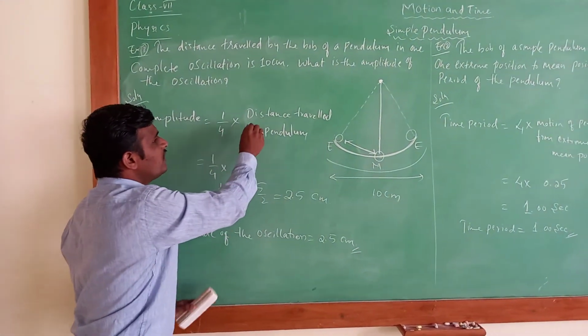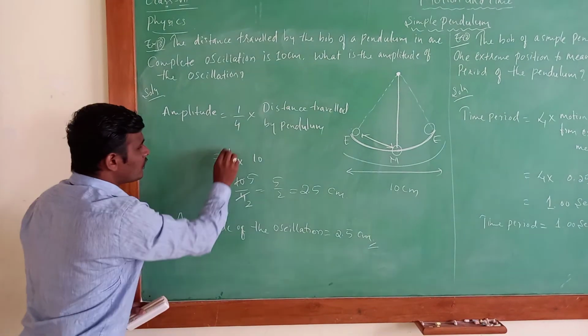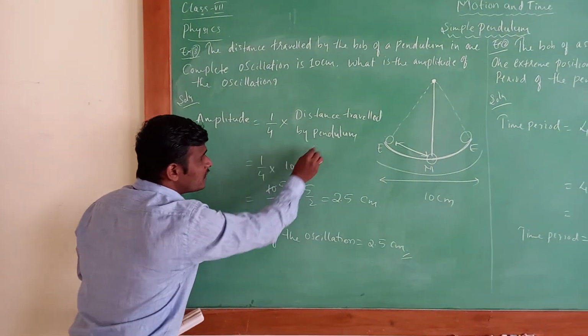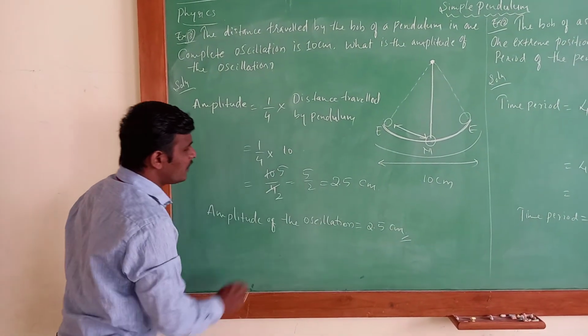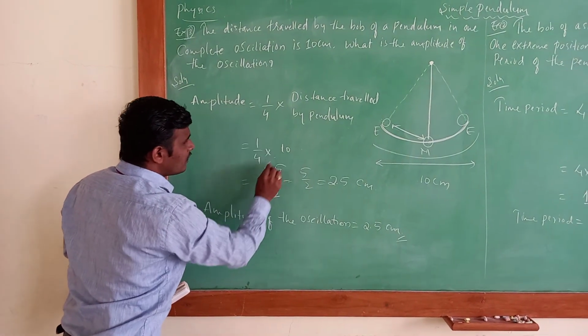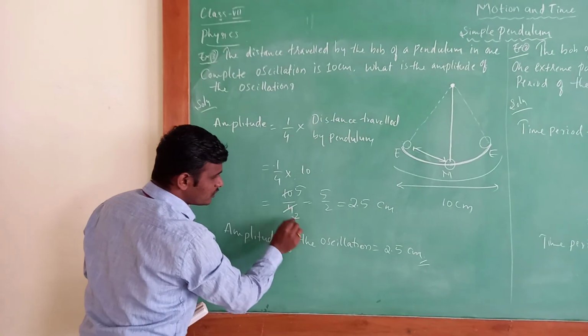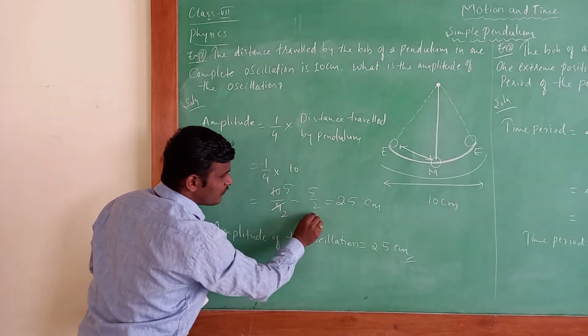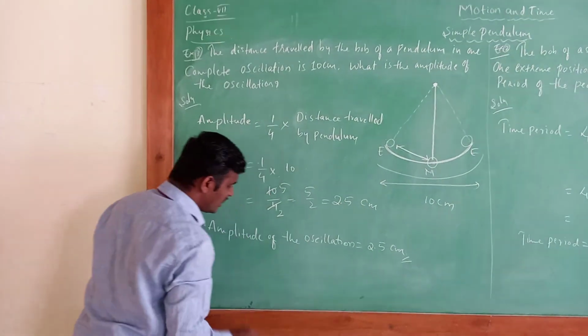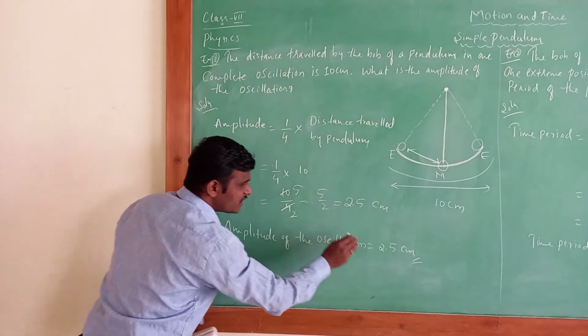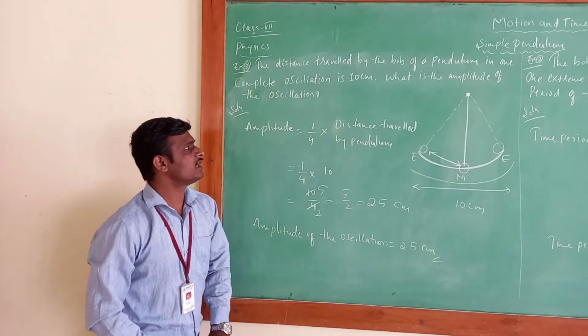That's why 1/4 of the distance travelled by the pendulum. So 1/4 into 10 centimeter, that is 10 by 4, 2 2s are 4, 2 5s are 10, that is 5 by 2, which is equal to 2.5 centimeter. So the amplitude of the oscillation is 2.5 centimeter, right?